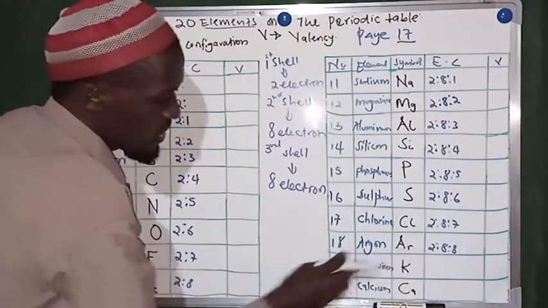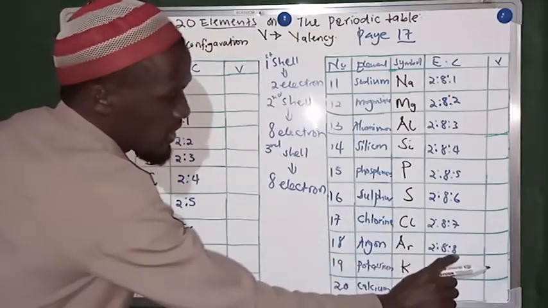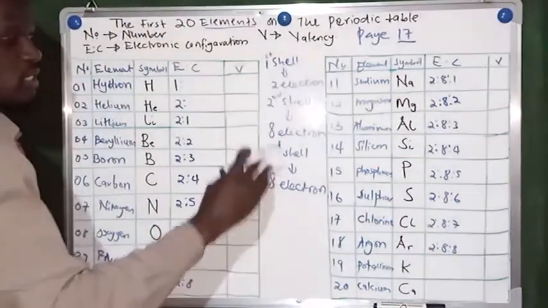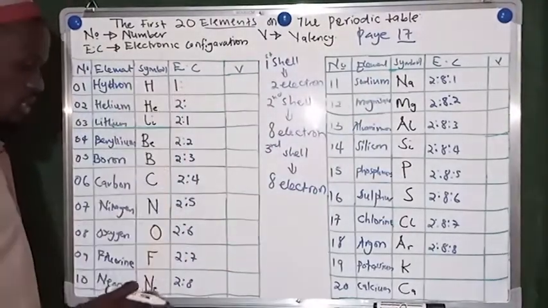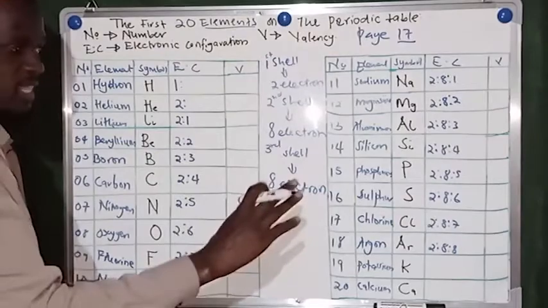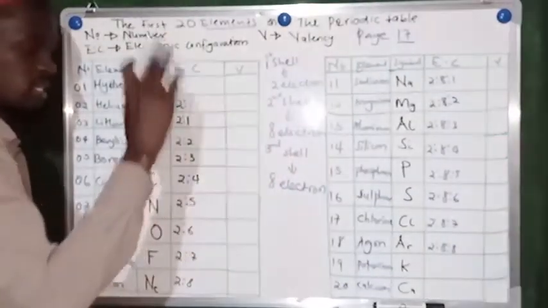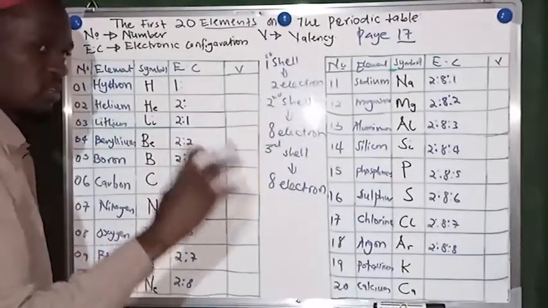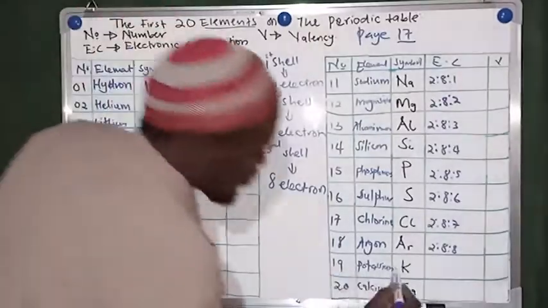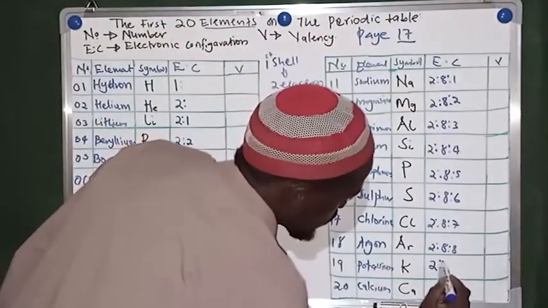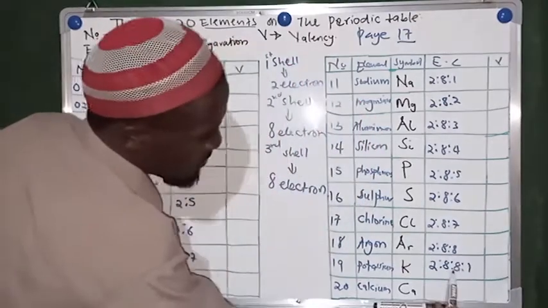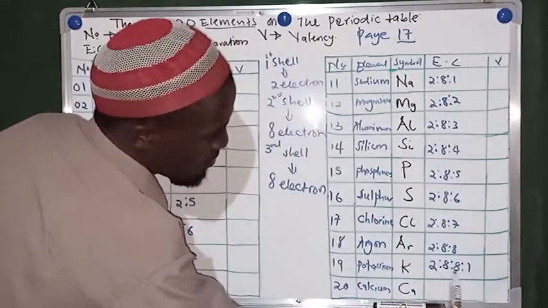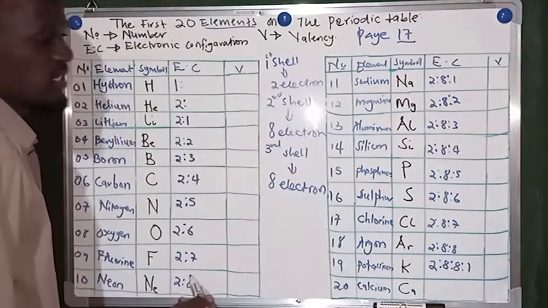If you're writing potassium, you don't put a 9 here, because those last shells always have 8. Only the first one has 2, but the others can be full with 8 electrons on that shell. So on potassium, I'll have 2, 8, 8, 1. If you add 8 plus 8, 16, plus 2, 18, plus 1, giving you 19.